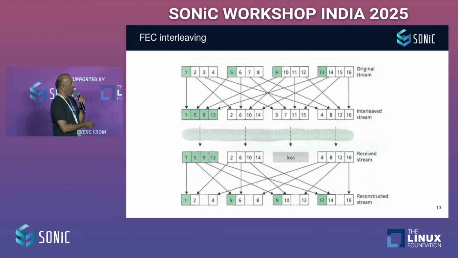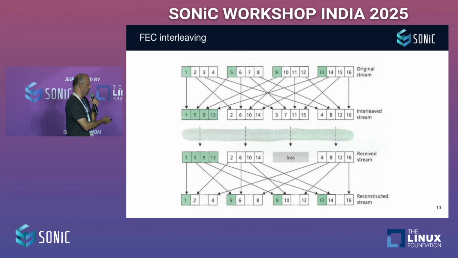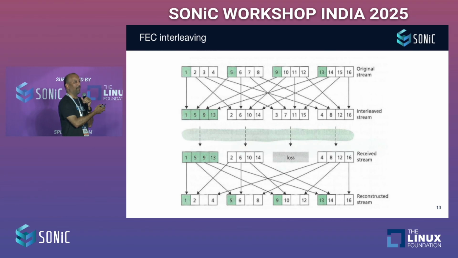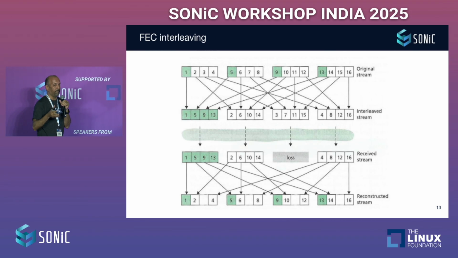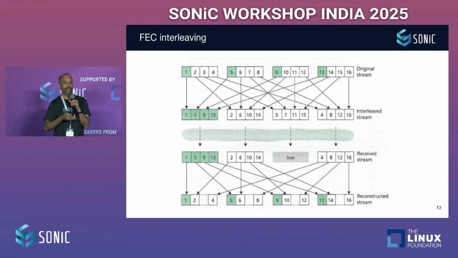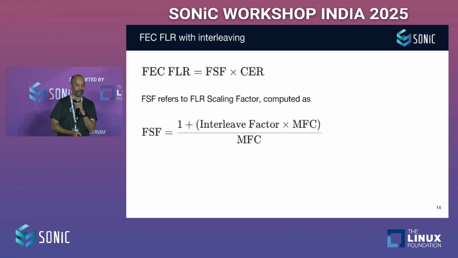It is only one code word that is getting lost in a batch of 4. So interleaving is very, very important. Even if you lose the code word, the recovery is going to happen. If you do not interleave, the recovery cannot be done. So this is one method of how you interleave the code words so that recovery happens better.